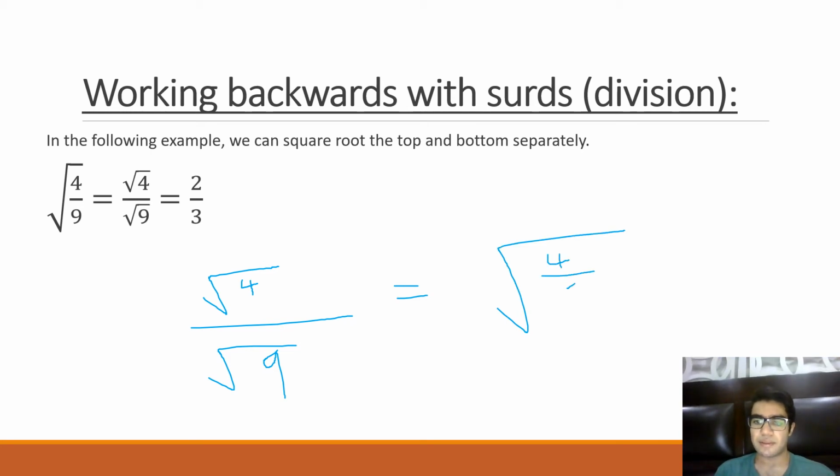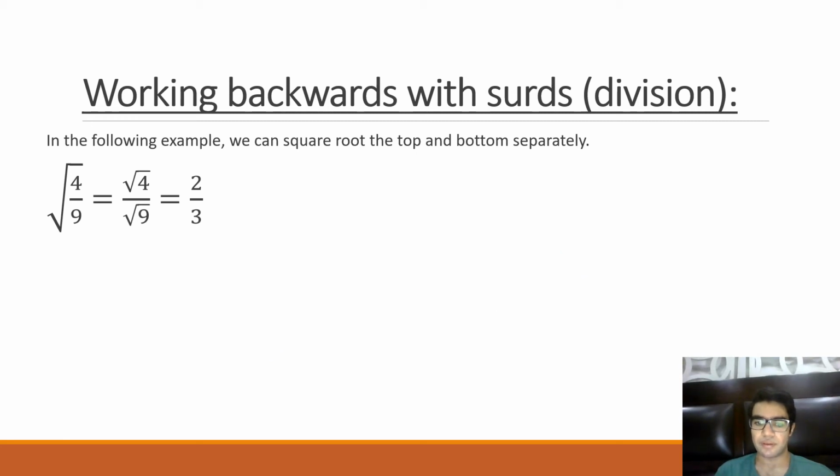But in this case, it's the opposite. If you look carefully, we have one big square root with 4 divided by 9 under it, but we are splitting it up. So we are working backwards.